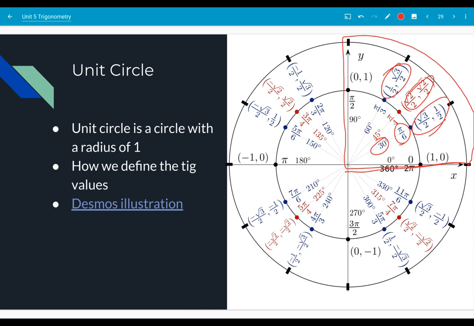There is a pattern. If you want to know more about the unit circle, there's lots of videos and creative things out there about what the unit circle is. But it's essentially a circle with a radius of 1 that we use with trigonometry to help us determine the value of trig functions.